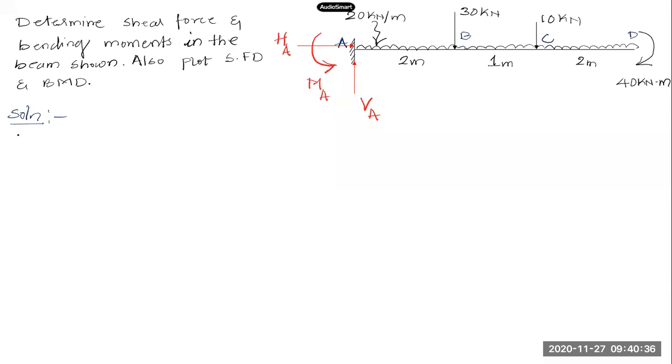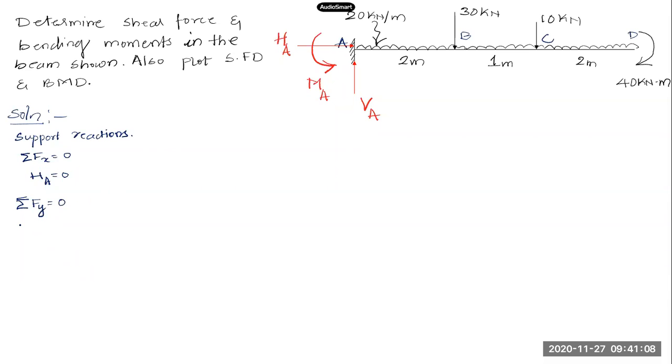For the reactions, we have support at A. First, summation Fx is equal to 0, which gives me HA as 0. Next is summation Fy equal to 0.